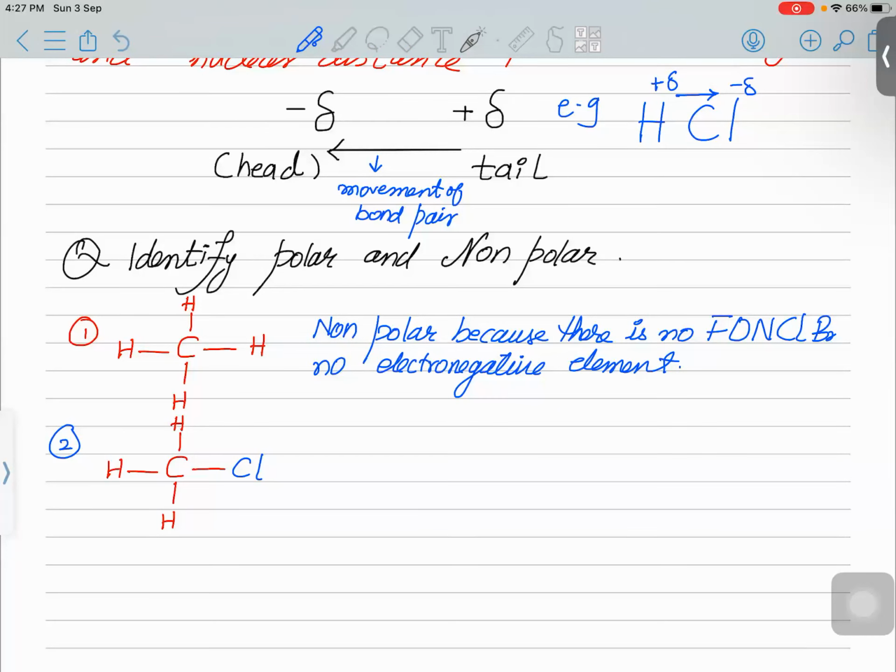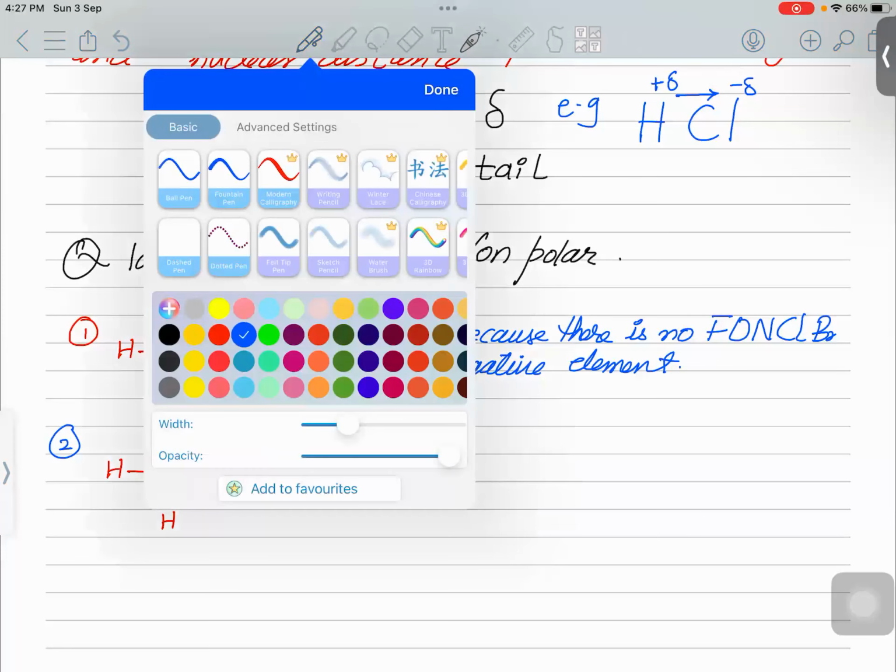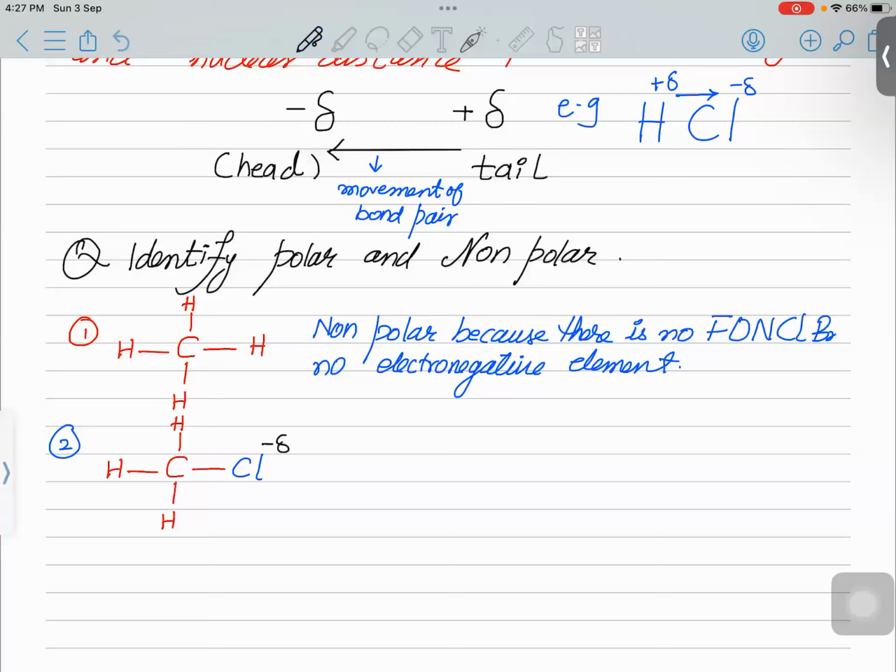It should be polar, right? Exactly, it is polar. Whenever you have polar, form negative delta, positive delta, and show the direction. It is polar.